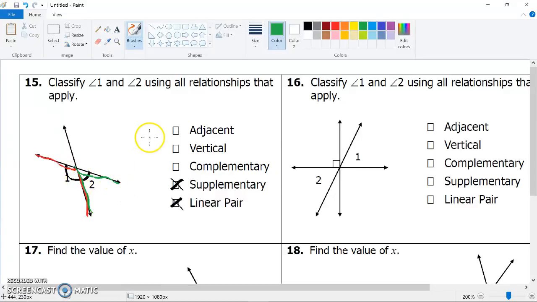And they both share this common side, and they also are right next to each other, and that is also an adjacent.